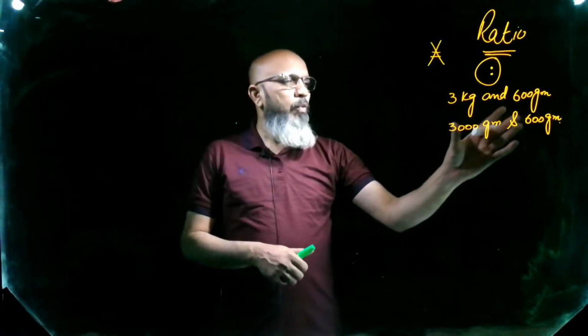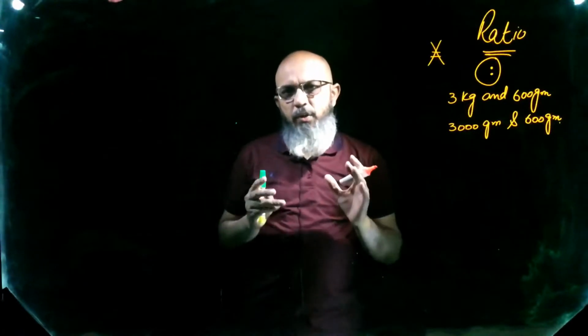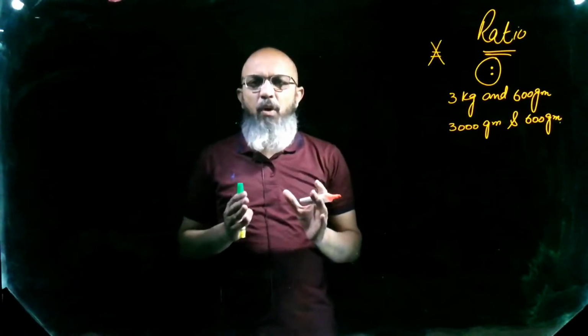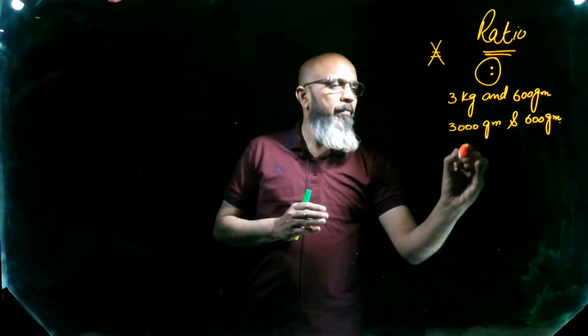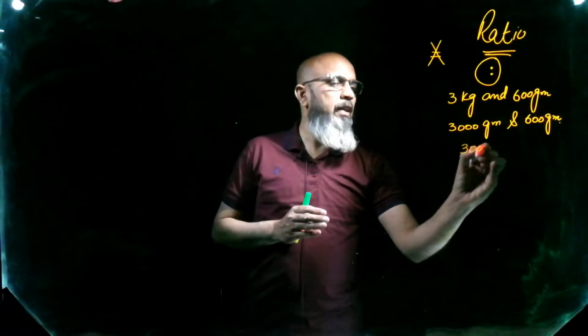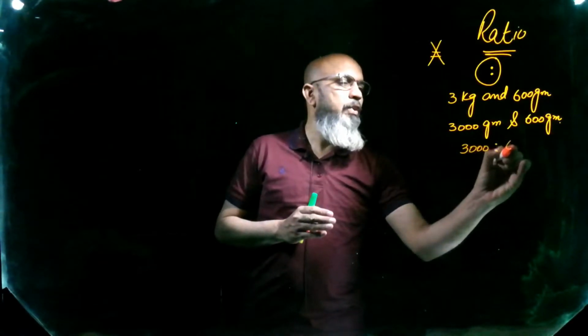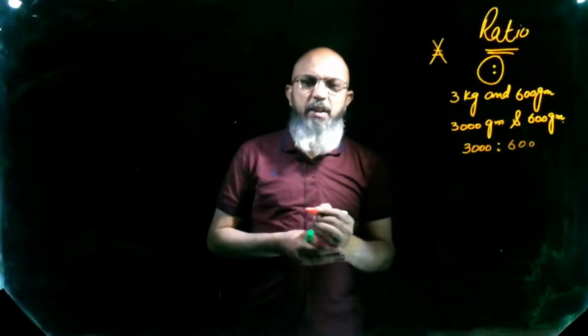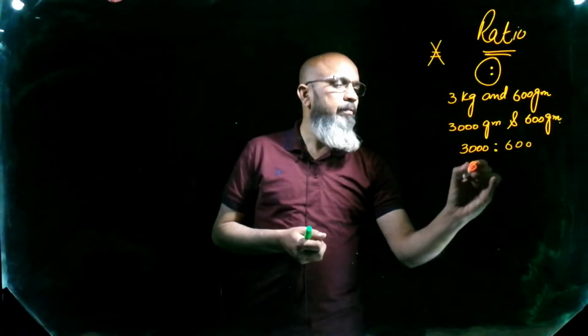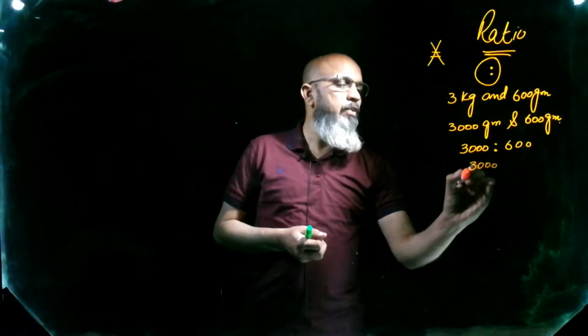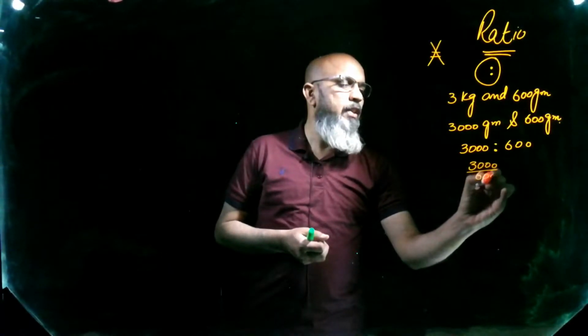Now we can simplify, and always try to leave your answer in the simplest form. We can write the ratio in two ways: 3000 ratio 600, or 3000 over 600.